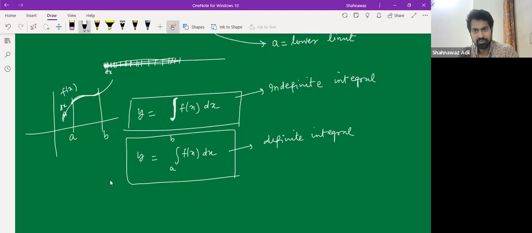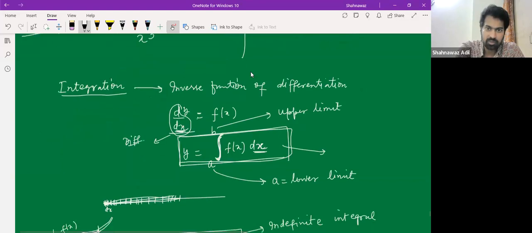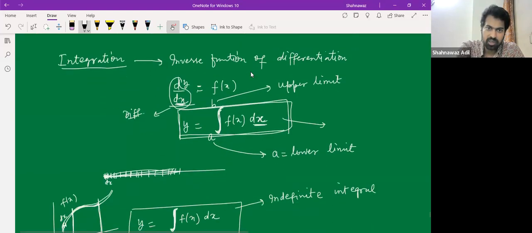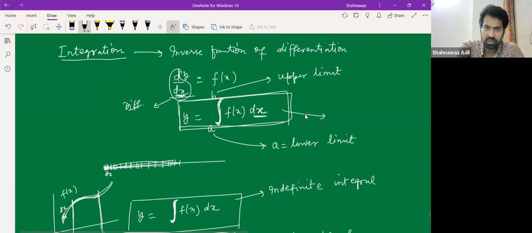So definite is when we calculate the integral within some limits, and indefinite means we don't have any limit for this integral. Understood? Okay.